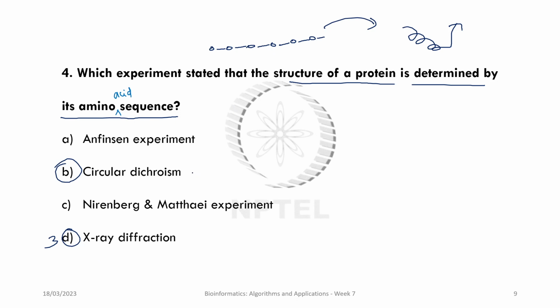Circular dichroism will give you an idea of the secondary structures of a protein, or it can give you an idea of the tertiary environment in a protein, right? But does it tell you anything about the structure of a protein being determined by its amino acid sequence? No, right? Same is the case with X-ray diffraction. It's an excellent technique to obtain high resolution protein structures, but it does not prove that the structure of a protein is determined by its amino acid sequence.